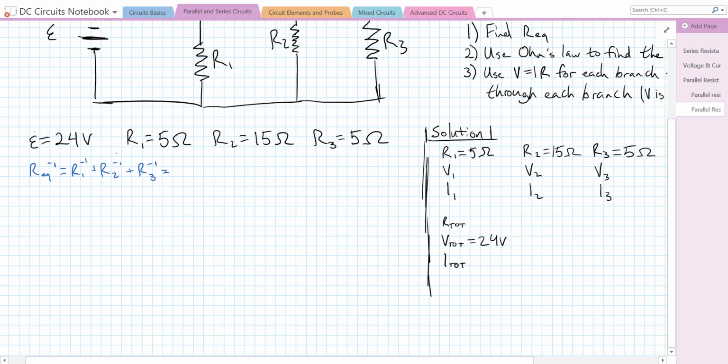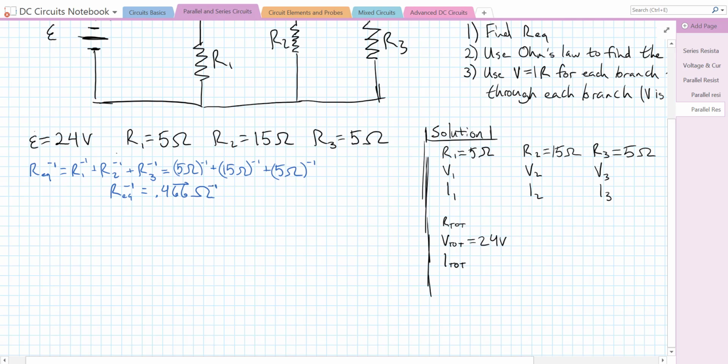We're going to get 5 ohms to the minus 1 plus 15 ohms to the minus 1 plus 5 ohms to the minus 1. When we add all of those up, we get 1 over R equivalent, or R equivalent to the minus 1, is equal to 0.466 repeating, and it's going to be per ohm.